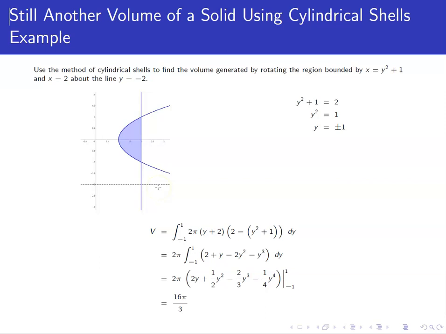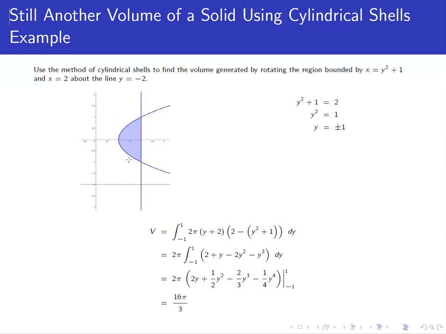We could do this with washers. But remember, if we do this with washers, I would have to slice perpendicularly to our axis of rotation. Since our axis of rotation is horizontal, I'm really going perpendicular to the x-axis, slicing up the x-axis.